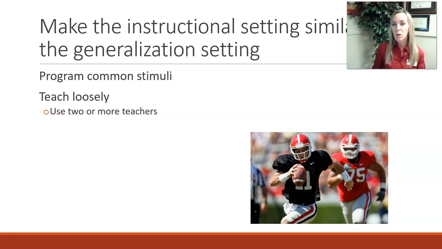So if you incorporate intra-stimulus prompts, you need to be sure that you systematically fade those. So by color coding or putting prompts within the activity, you want to try to gradually fade those out. So you want to vary your non-critical features and you want to fade out any kind of stimulus that you're putting in the assignment to prompt the student.